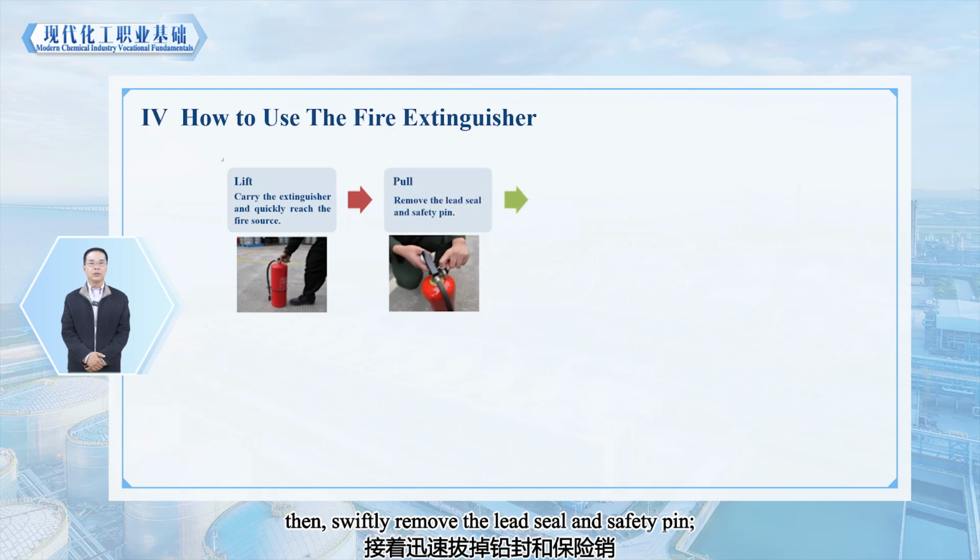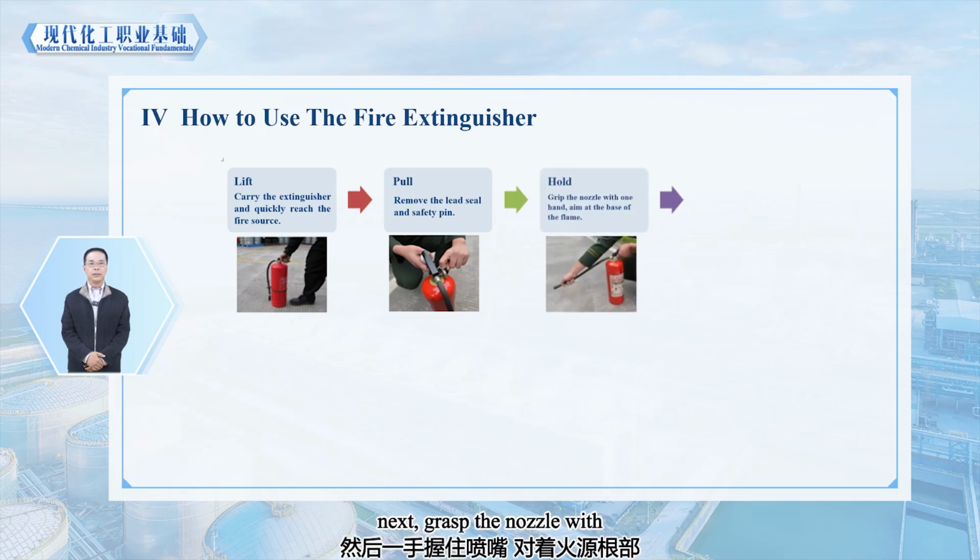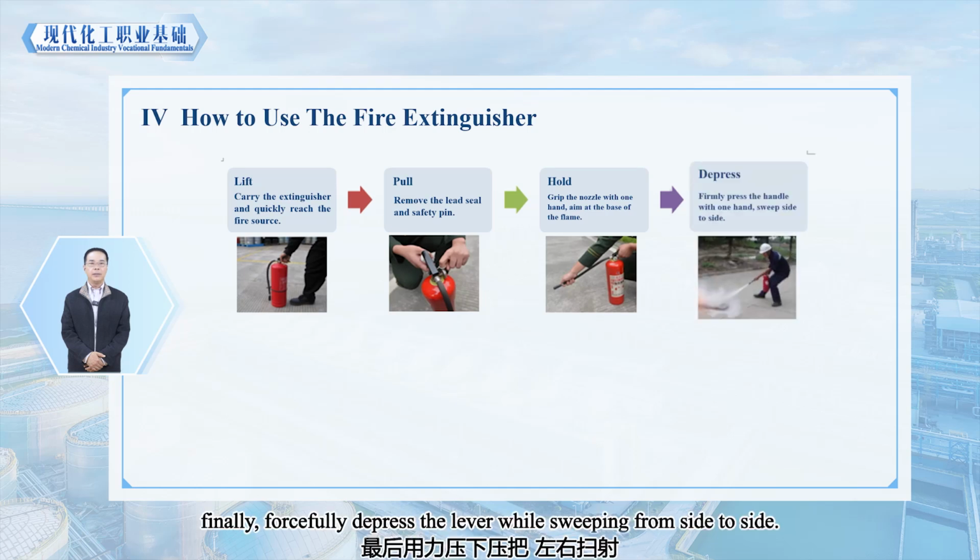Then, swiftly remove the lid, seal, and safety pin. Next, grasp the nozzle with one hand and aim at the base of the fire. Finally, forcefully depress the lever while sweeping from side to side.